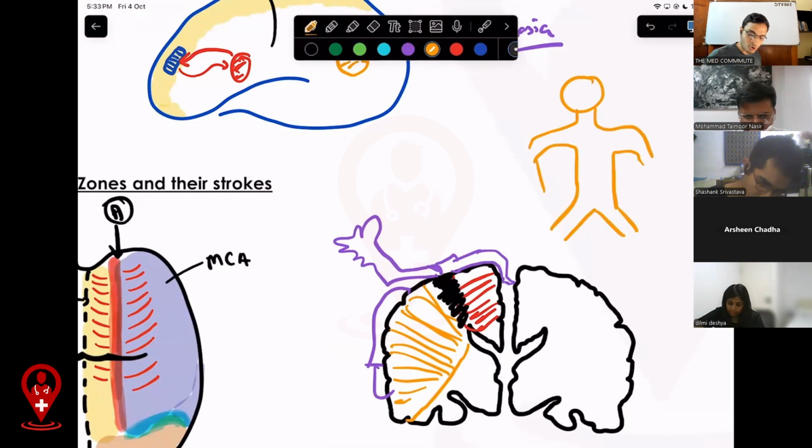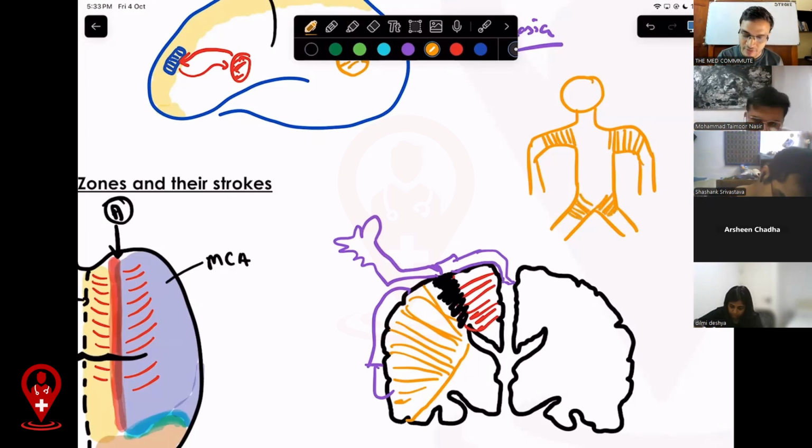But the proximal ends also show some manifestation. So the forearm and the hand are usually normal, but the proximal ends will be affected. And in the leg, more around this region, and the trunk can also be affected.